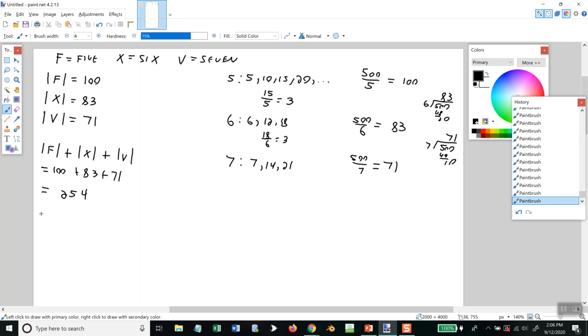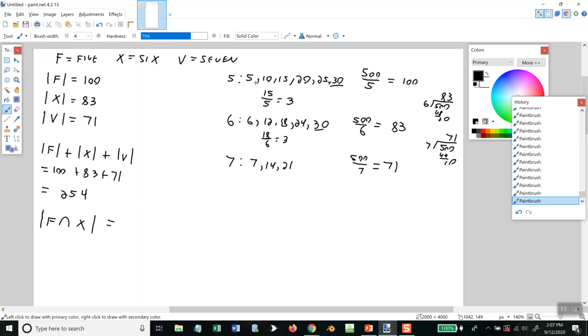For example, if I'm looking at the intersection of F and X, which is 5 and 6, the numbers they have in common: multiples of 5 include 25 and 30, multiples of 6 include 24 and 30. You notice they both have a 30, so I counted that twice. So I need to subtract that off, and that's the principle of inclusion-exclusion.